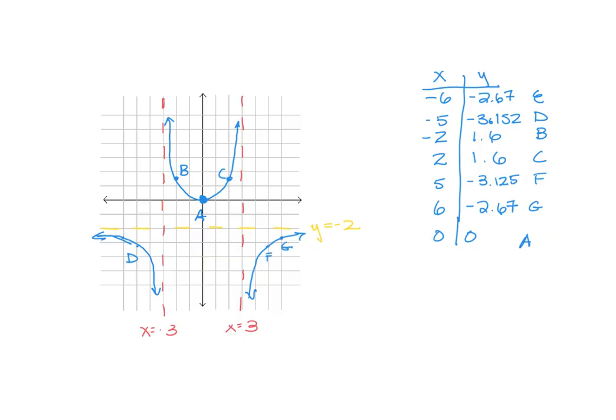All right, let's keep going. We're not done yet. We still have several other examples that we can look at.